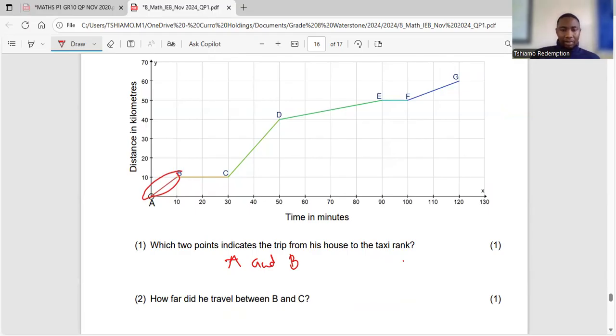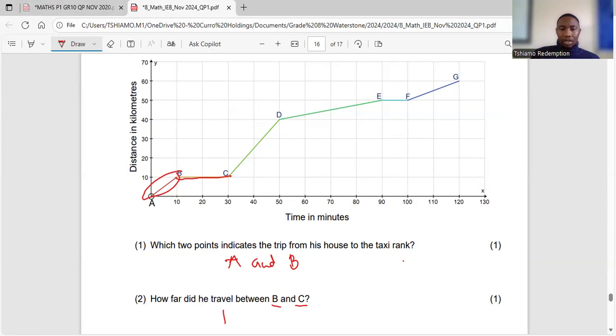Then how far did he travel between B and C? Let's calculate that one. Between B and C, what is the distance? There's no traveling. The distance is the same. So how far did he travel? He did not move, did not travel at this time, because from B to C there's no movement.